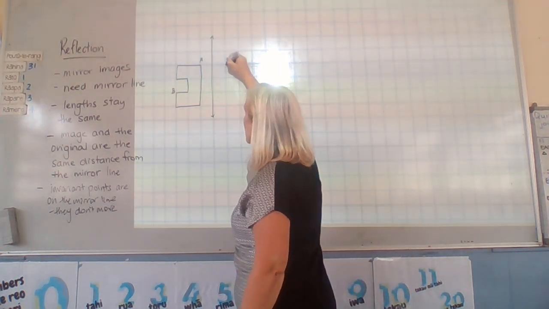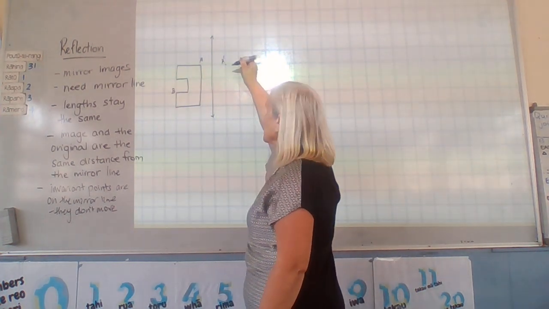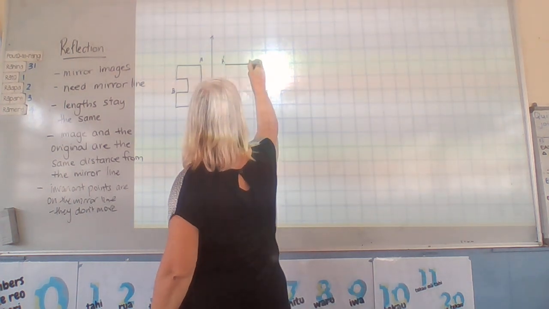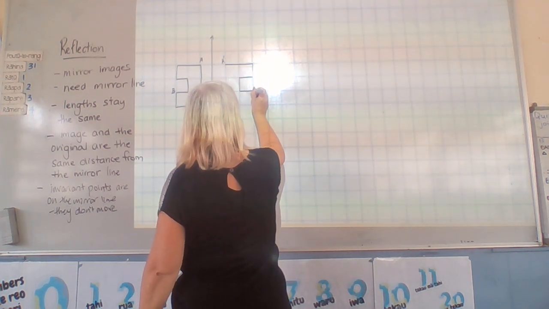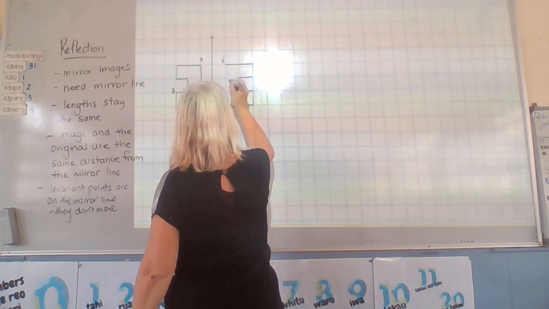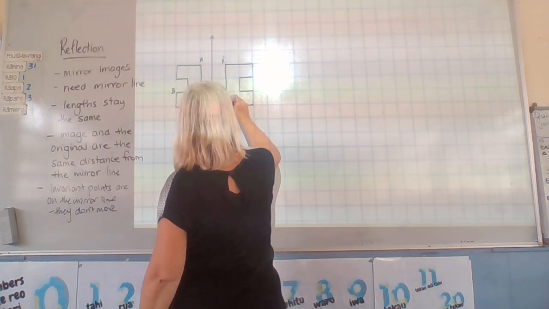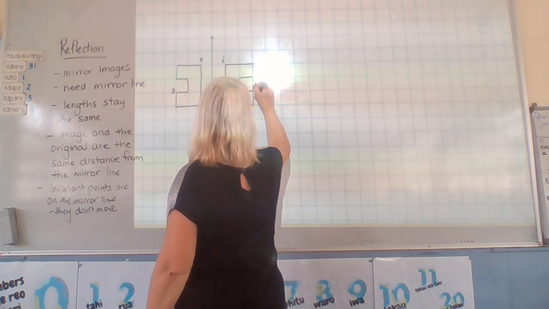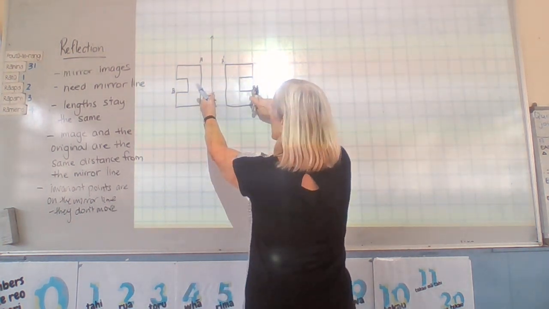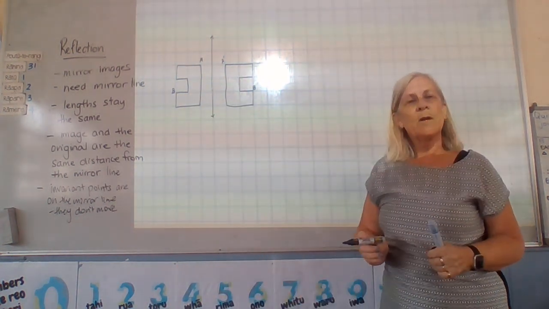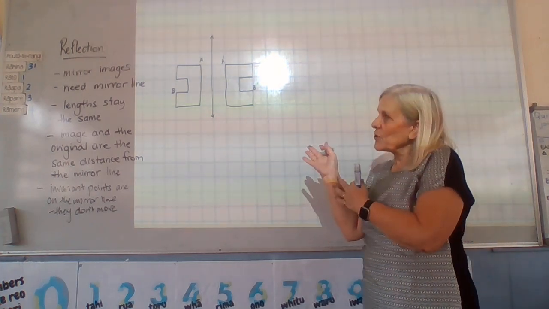So A is going to go to here and become A dash. This was interesting in the diagnostic test because this is one that quite a few of you could do, the easy but not the more tricky one. So B is 3 squares away, B dash has to be 3 squares away. Okay, so that's a pretty straightforward one.